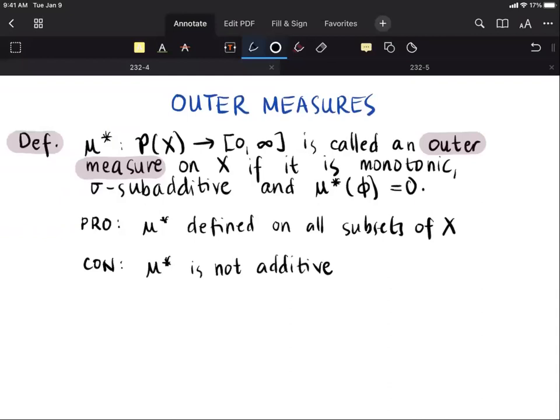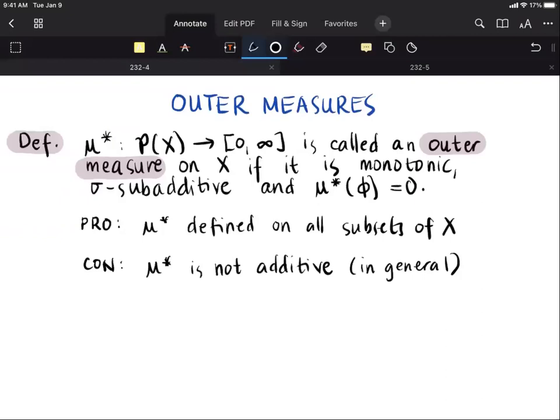So although the outer measure is defined on all subsets, one can provide examples wherein an outer measure is not necessarily additive, and in particular, it will not be sigma additive. An example is provided in the course notes.